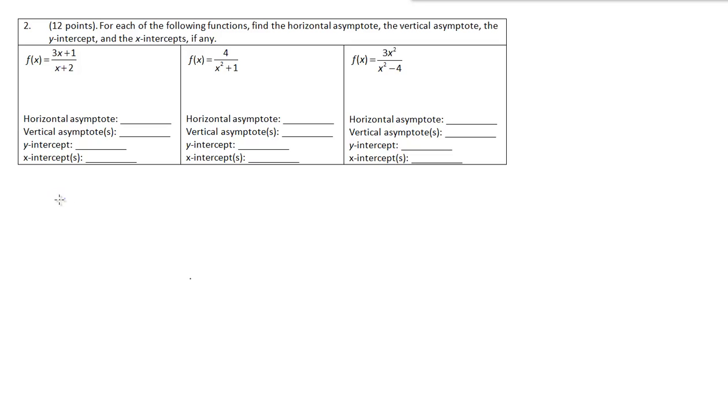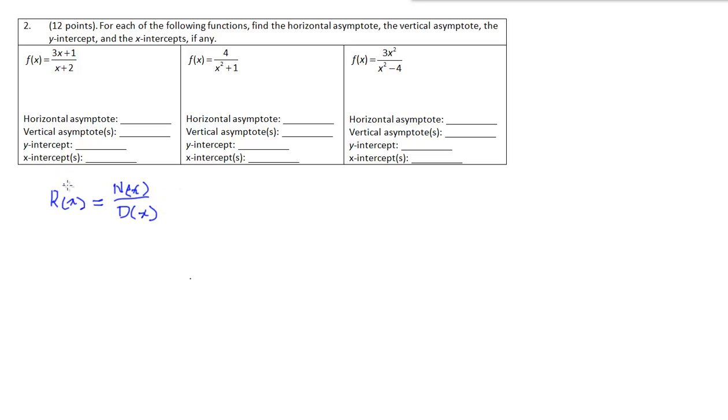So let's just rewrite or think about any rational function. A rational function has a numerator, we'll call that n of x, over d of x, where d is the denominator.